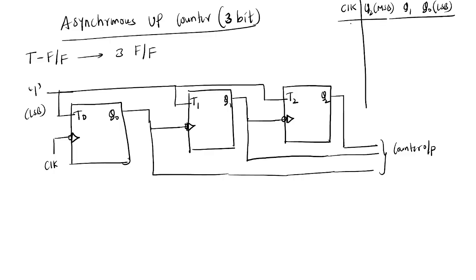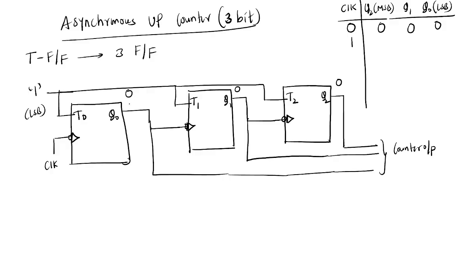Suppose when the clock is 0 initially, the outputs of all the flip flops are what? 0 only. Okay, and next, when you apply the first clock, this will always toggle.